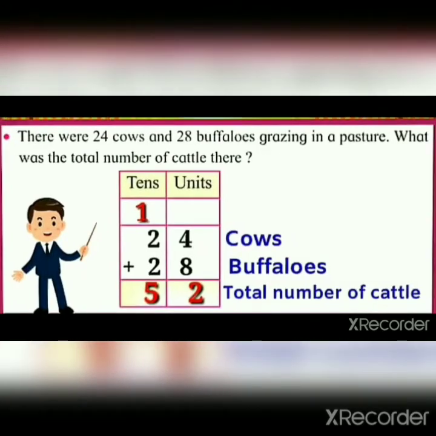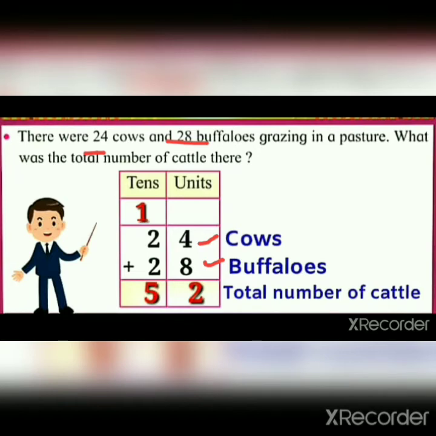To find out total number of cattle, we have to add these two numbers 24 plus 28. So let's start. First we will add 4 plus 8. You all know that we should always start from one side. So 4 and 8 we will add.